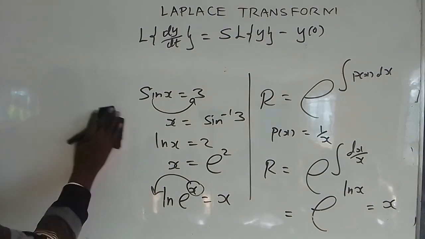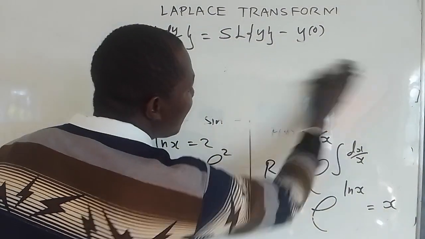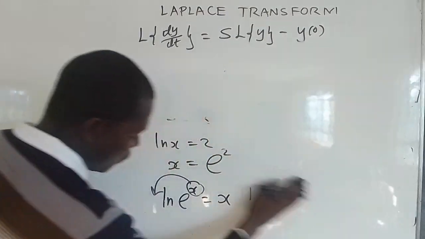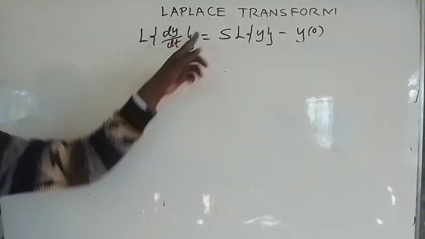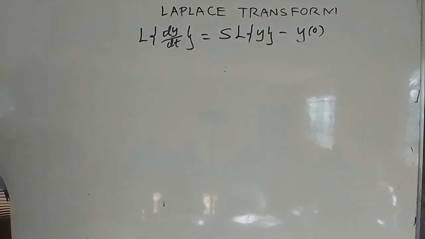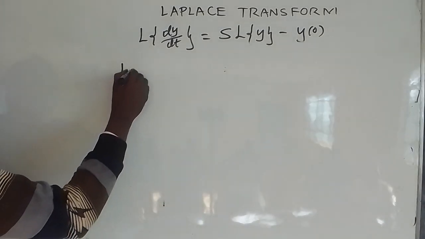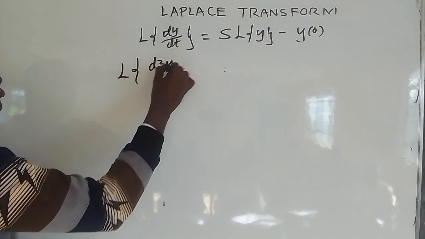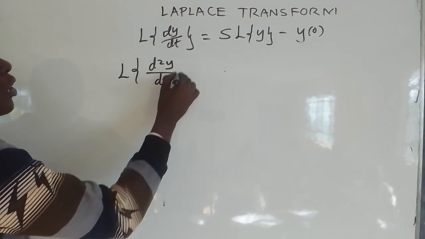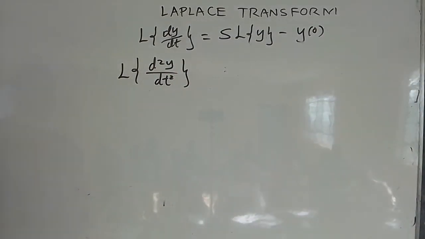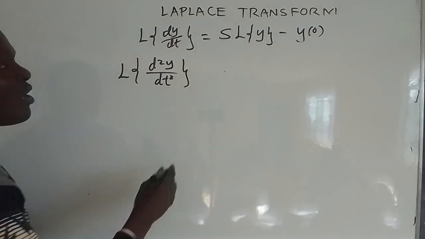Yes. So now, because we've seen how we can transform the first order differential equation, what about the second order? The Laplace transform of d squared y over dt squared. Are we together? Now, how do we get the Laplace transform of d squared y over dt squared?